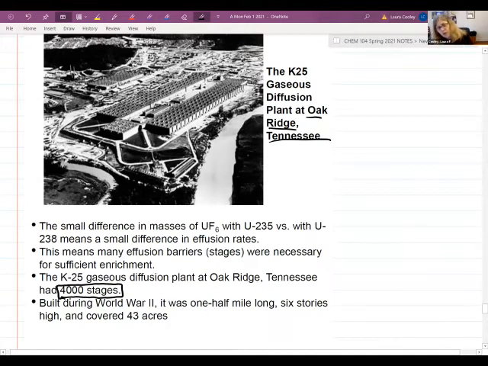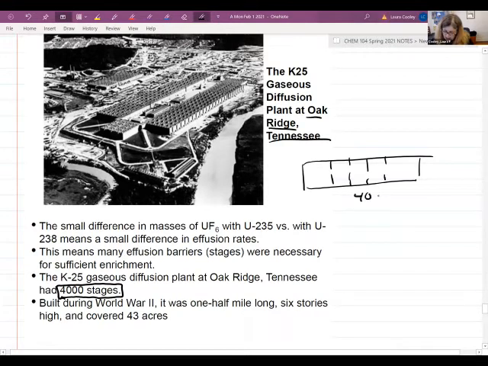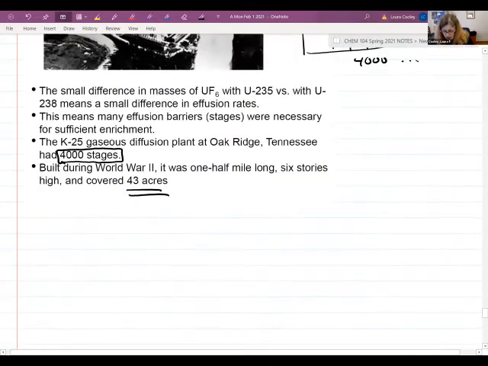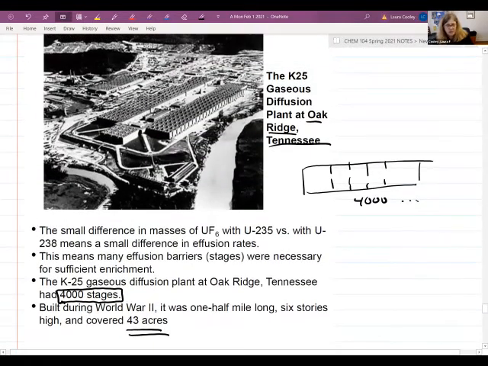That means there were 4,000 of these openings like this. And it took 43 acres. Talk about a really large undertaking to make the bomb.